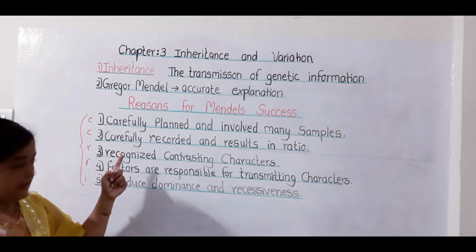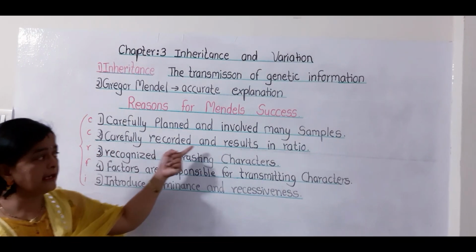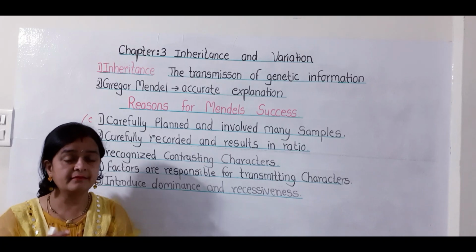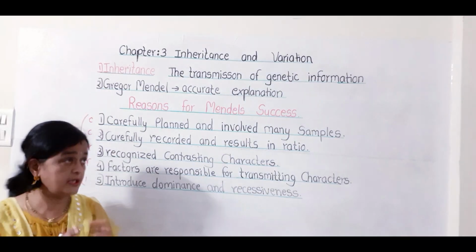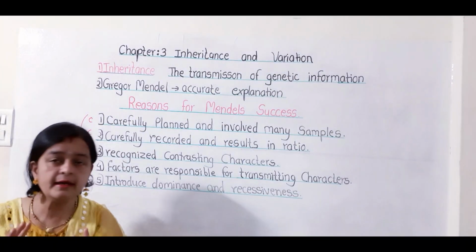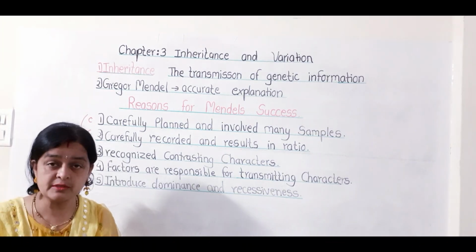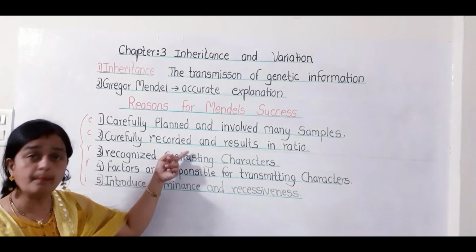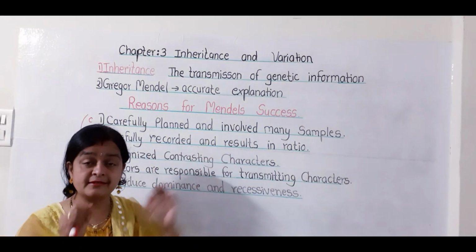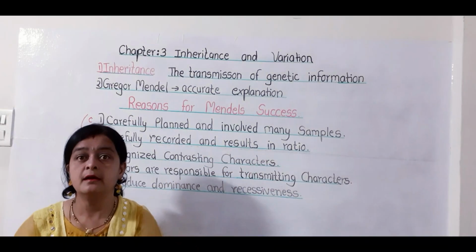Second, he carefully recorded everything and mentioned results in the form of ratio. He recorded how many plants he used and what type of plants he used, everything properly, and he mentioned his results in the form of ratio.